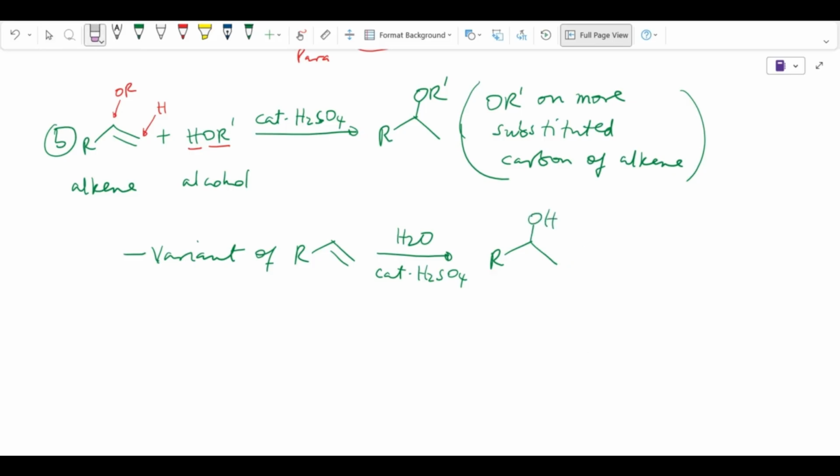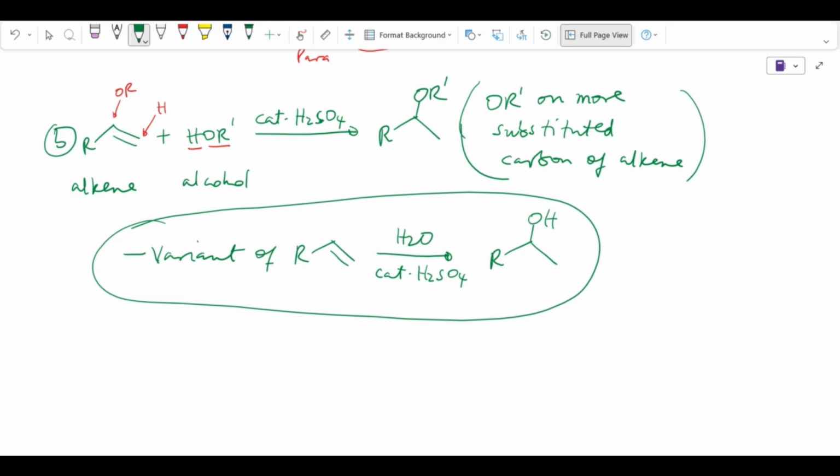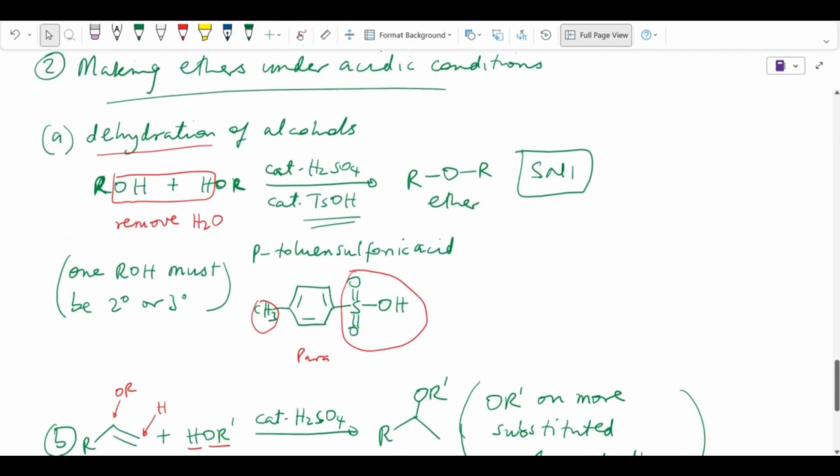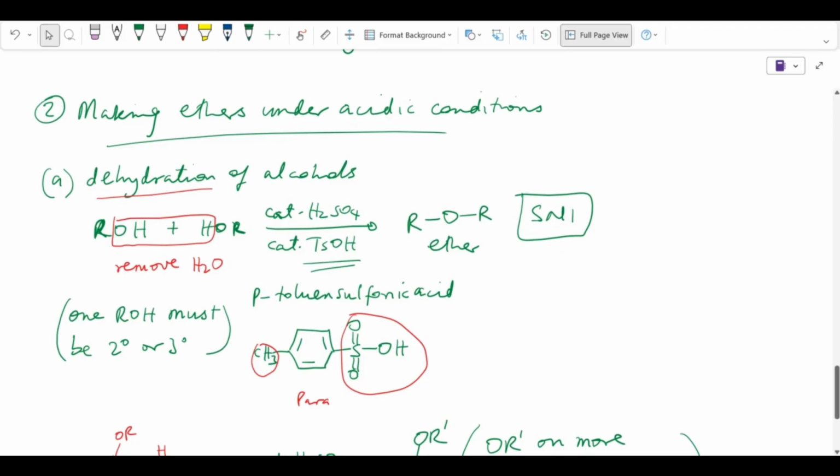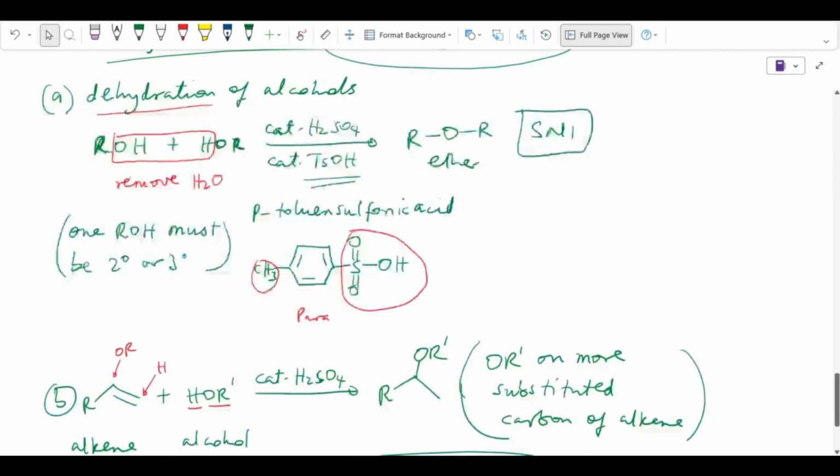Since we don't generally show the hydrogen on carbon, this is what we have. You should recall this reaction that we learned a few lectures ago. All right, so these are the two types of reactions we could use to make ethers under acidic conditions.